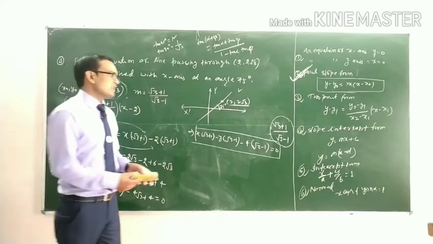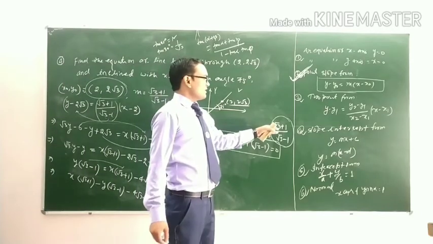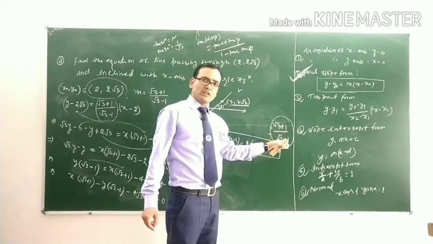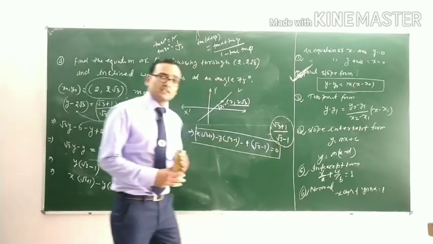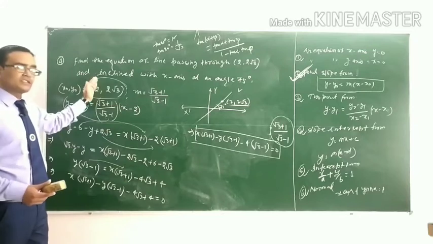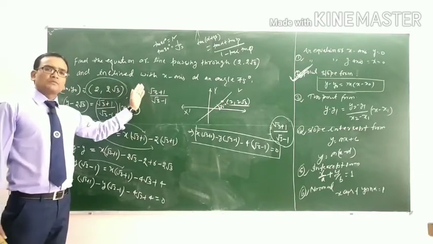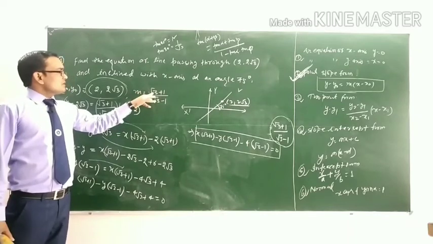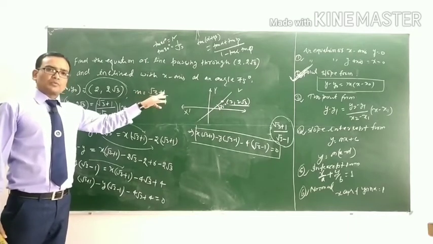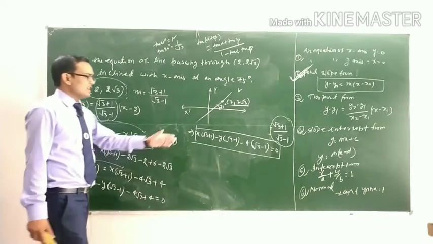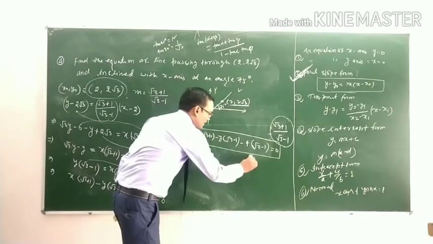Tan 75 degree is the square root 3 plus 1 upon square root 3 minus 1, which is a slope of line passing through the points 2, 2 √3. Then the equation of the straight line is this, which is your answer.